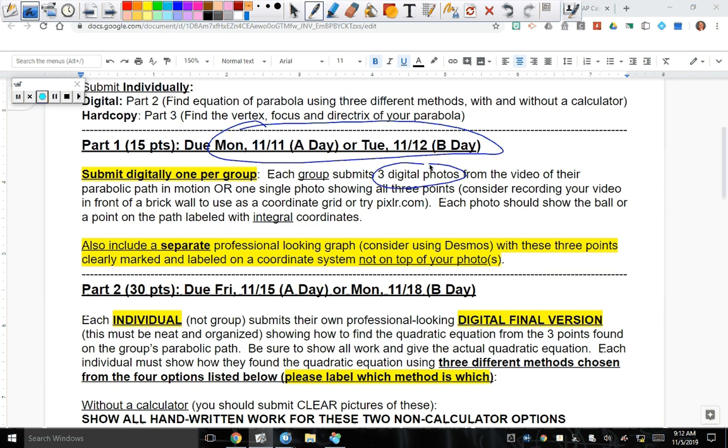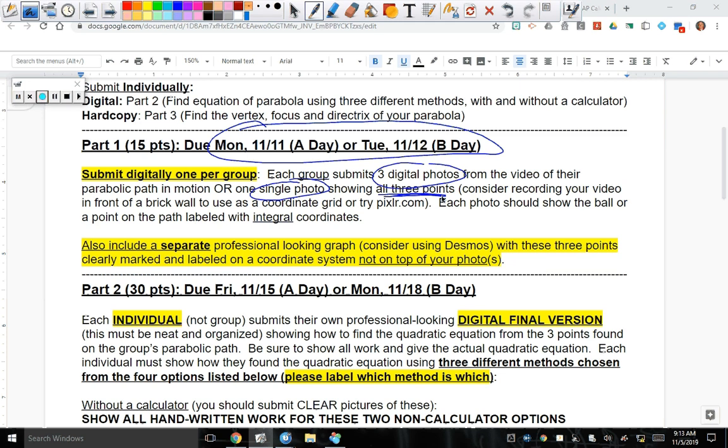You can do screenshots, or there's a white button at the bottom that you can press as the video is recording, which takes pictures. Or you could do one single photo showing all 3 points, or 3 digital photos showing 3 different positions. You with me?